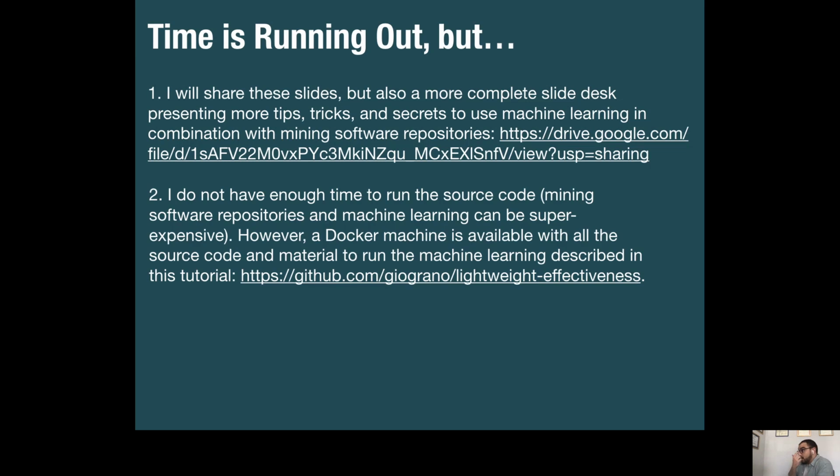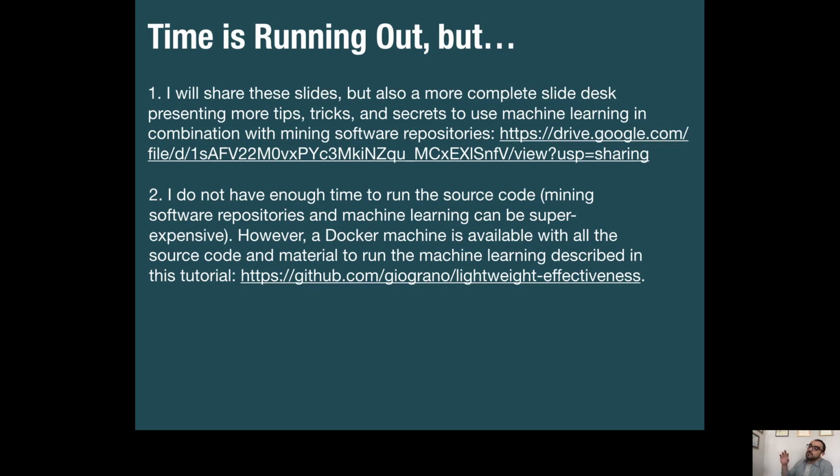I don't have enough time to run the source code that we are going to see in the next few minutes. As you probably know, mining software repositories and machine learning can be super expensive. And if you want to mine things, it's incredibly costly.